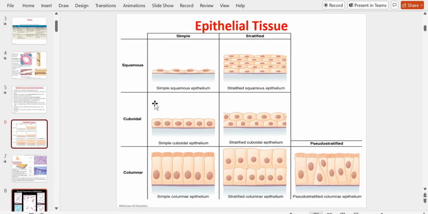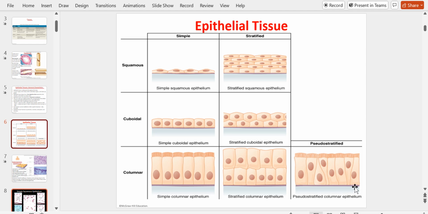So you'll see here we have squamous, which are flat, cuboidal, which are cubed, and columnar, which are column-shaped. Then we have simple squamous, one layer, stratified squamous, multiple, simple cuboidal, stratified cuboidal, simple columnar, stratified columnar, and this one here is what we call pseudostratified columnar epithelium, where the cells kind of look like they're hanging off of each other, but they're really not.